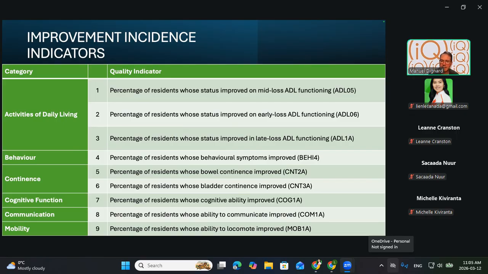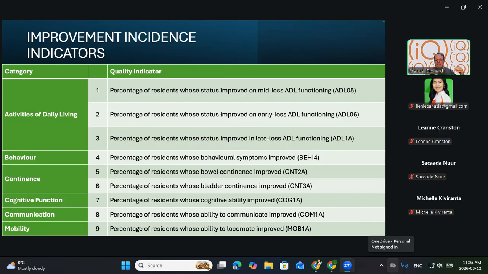And it's important to remember that these indicators are based on the Interrai longitudinal tracking logic, meaning that a valid comparison must exist between this assessment and the prior one. So the right time frames and data completeness are essential.